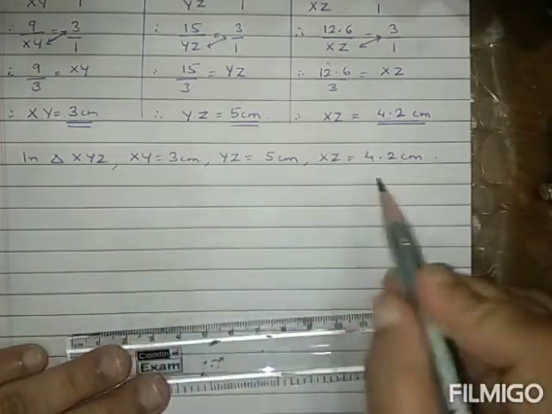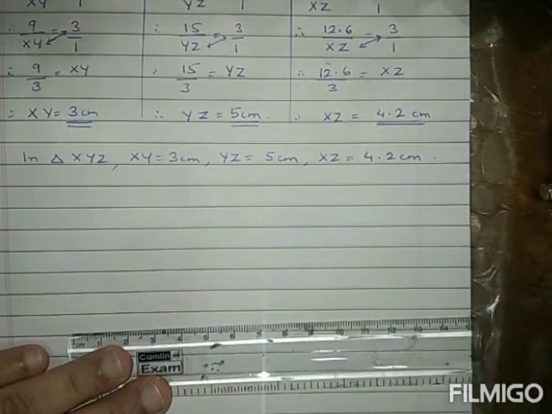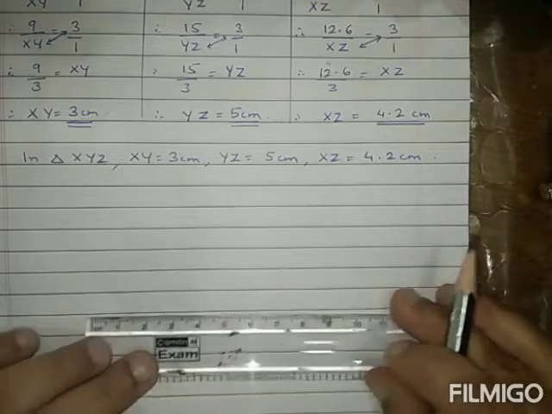In triangle XYZ, the longest segment that you can see amongst this is XZ, which is 4.2 centimeters. So we will draw that first.